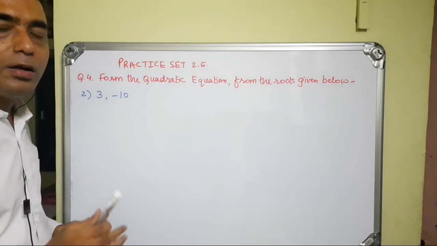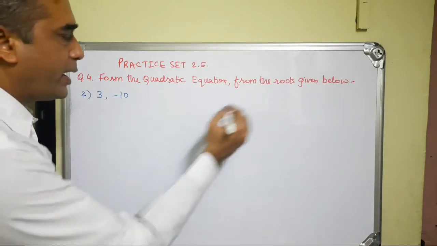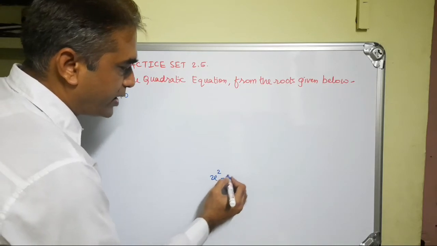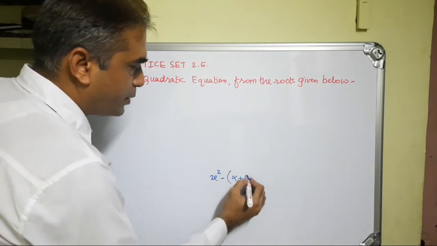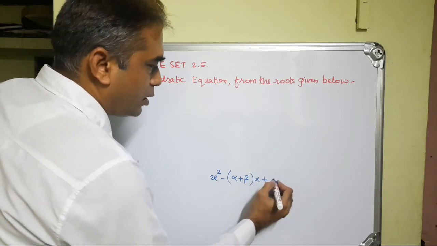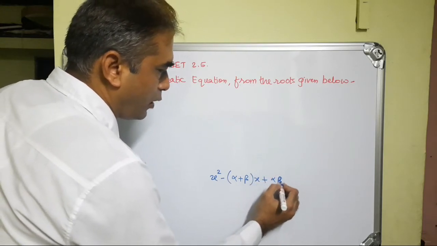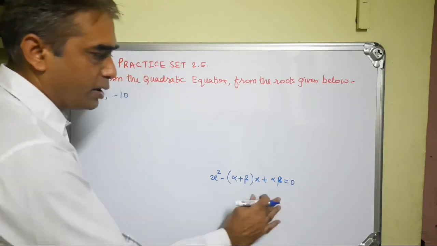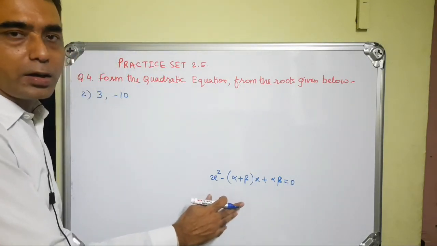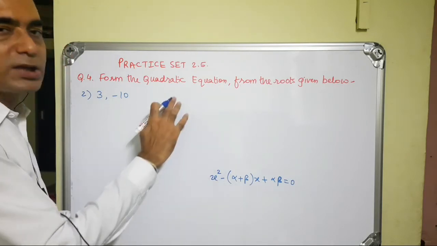For that there is a rule, and that rule is x square minus (alpha plus beta) into x plus alpha beta equals 0. This is the rule by which we get the equation if the roots are given.